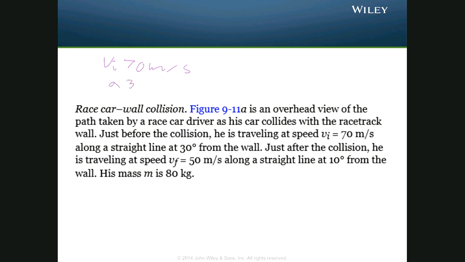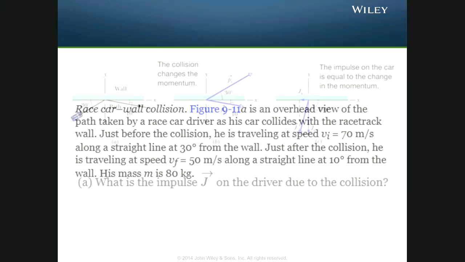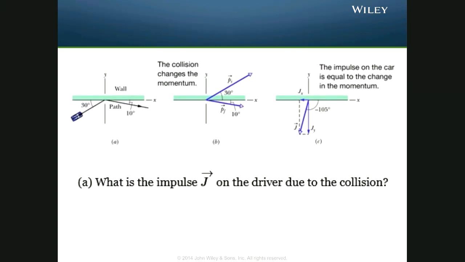And you might be wondering, wait a minute, Professor Toland, isn't it 30 degrees from this part of the wall? This is true, but we're constructing momentum vectors, right? So when we look at the momentum vector, we're going to look at this vector, which is 30 degrees from here. If we're going to call this 30 degrees, what value are we really going to use for theta? Are we going to use 10 degrees? What number are we actually going to put in when we break up into components?